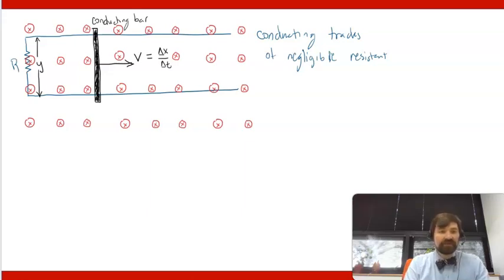Now we know that as this bar is moving through this magnetic field, a charged particle within the bar is going to experience some amount of force from the magnetic field. Specifically, the force on this particular charge will be in this direction.